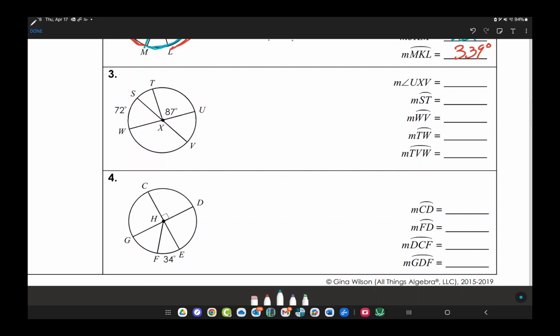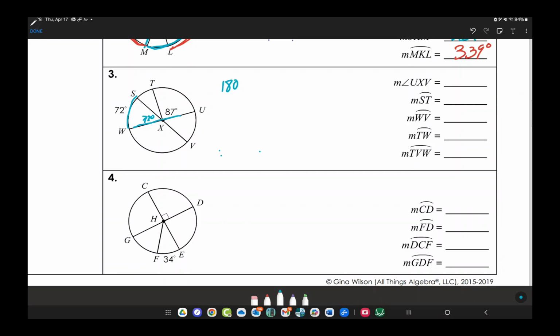All right. So looking at SW is 72, that makes SXW 72 degrees. And since this is a straight line, all these angles have to add up to 180. So if we add these two together, we get 159.